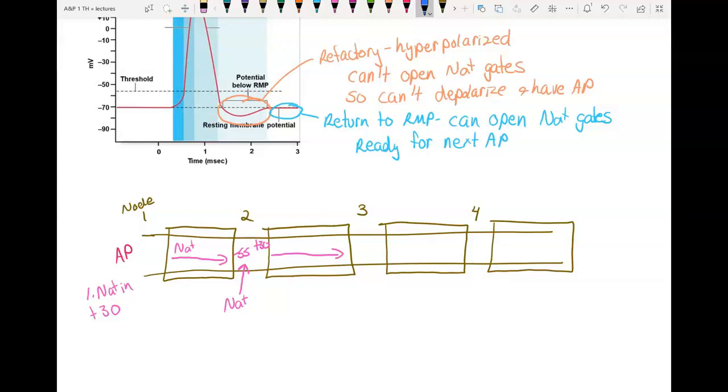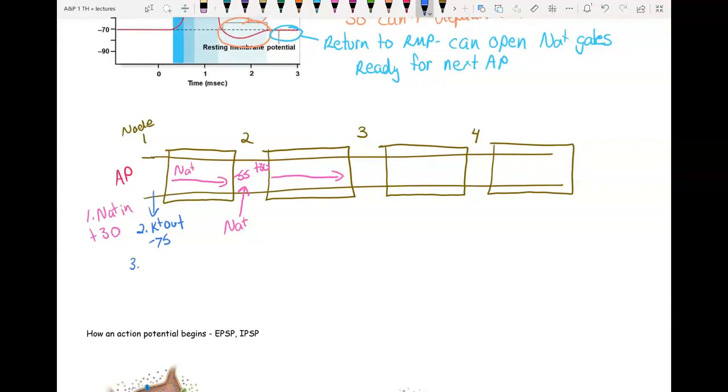Meanwhile, while the sodium is diffusing over and your next one, node 2, is having an action potential, back here in node 1, we have potassium going out, and we go to negative 75, then extra potassium goes out. Remember the hyperpolarize. While we are hyperpolarized now, this is in refractory. And the sodium gates won't open.